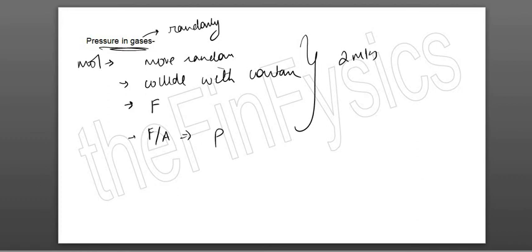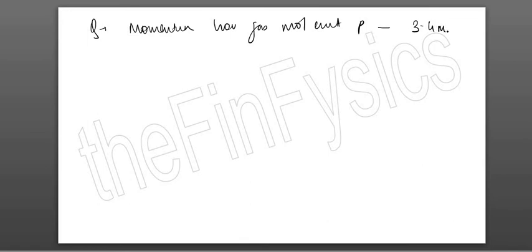If they talk about explain with respect to momentum of gas molecules, a question with respect to momentum, how gas molecules exert pressure, this comes in the exam for 3 to 4 marks. Then you kids are going to write that gas molecules move in random motion. The first point remains the same. So random motion.